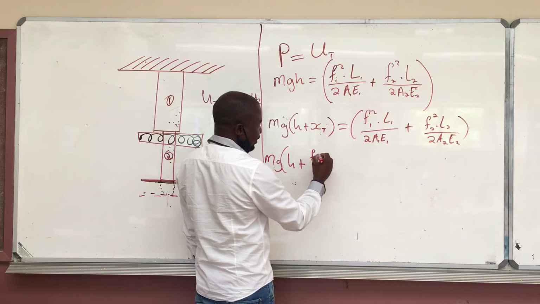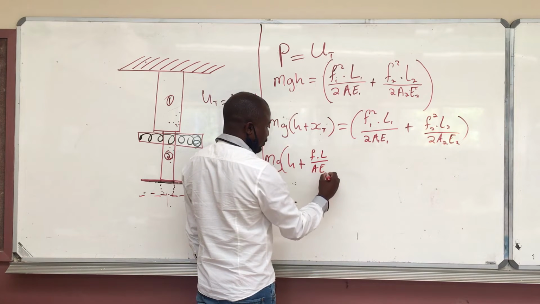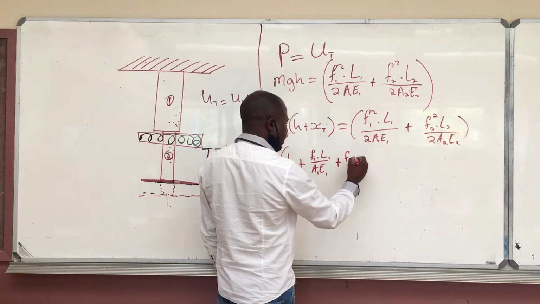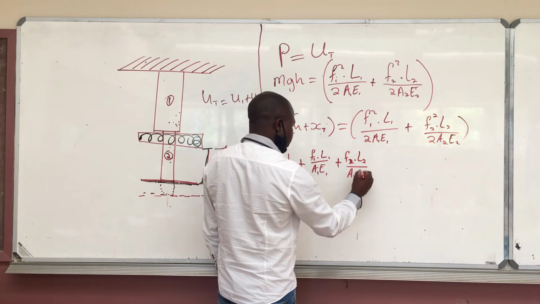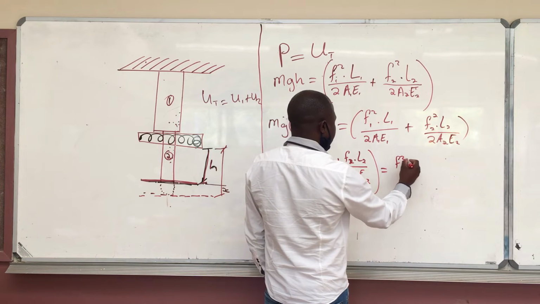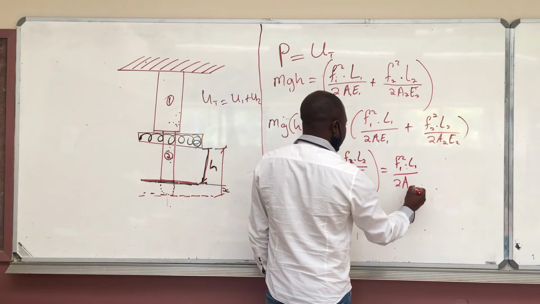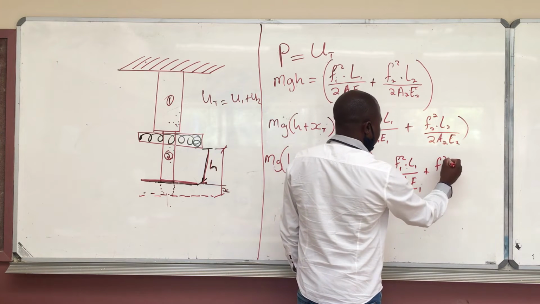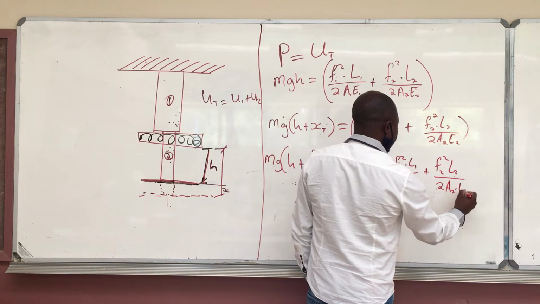F times L over AE for 1, plus F times L over AE for 2, is equal to F1 squared L1 over 2A1E1 plus F2 squared L2 over 2A2E2.